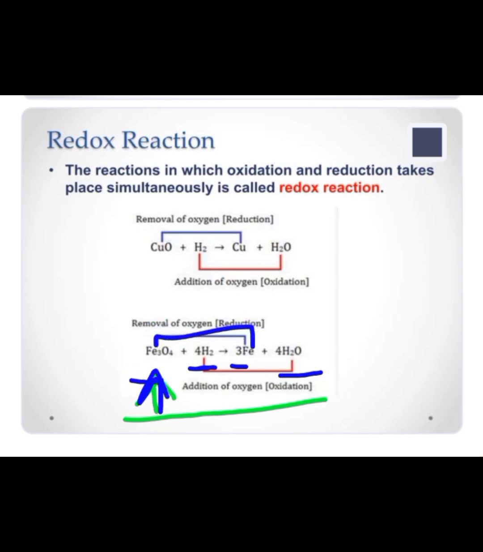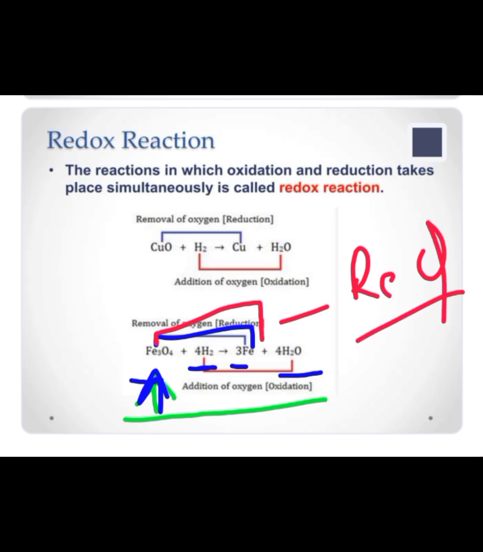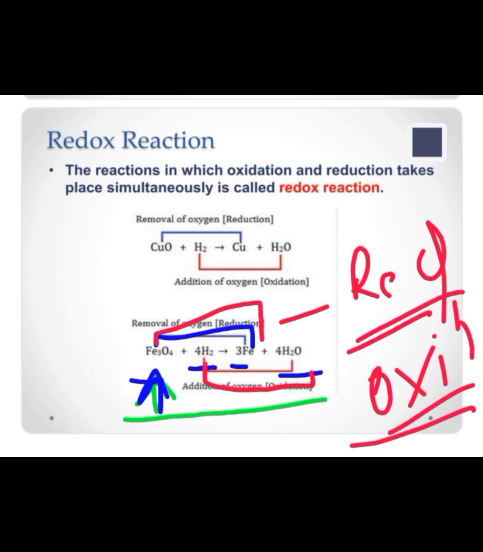Removal of oxygen takes place here. It means removal of oxygen is giving reduction, and hydrogen combines with oxygen, giving oxidation. So both reduction and oxidation are going on simultaneously. This reaction is a redox reaction.